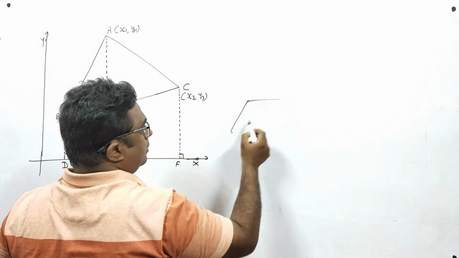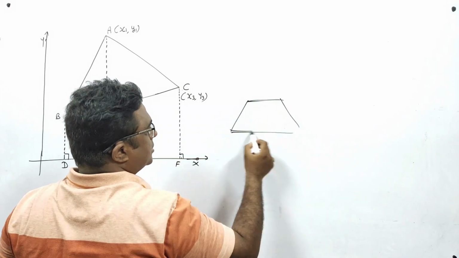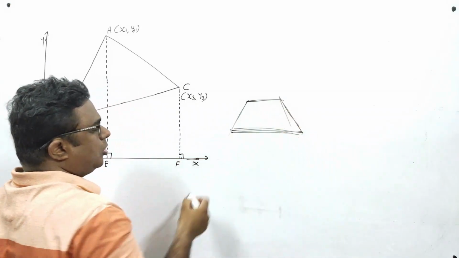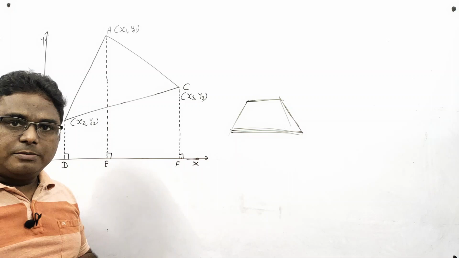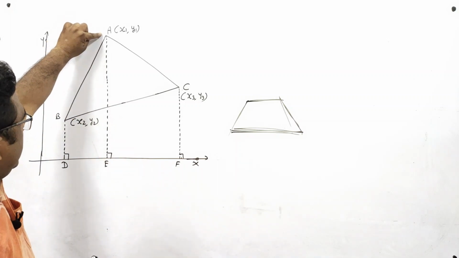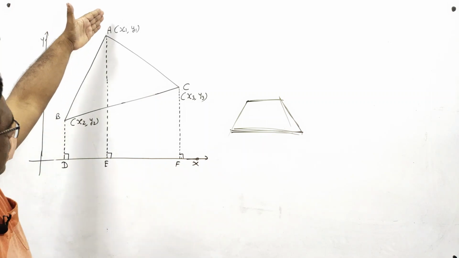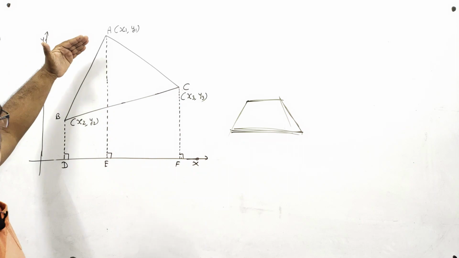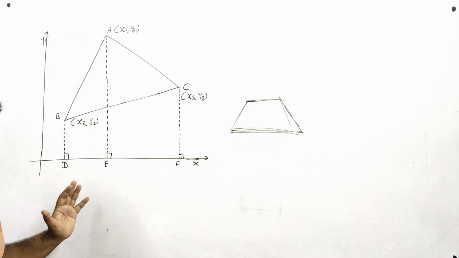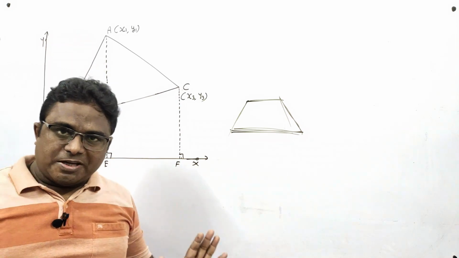And when in a quadrilateral two sides are parallel and two sides are not parallel, then it becomes a trapezium. So I can say that ABDE is a trapezium because in it, BD is parallel to AE and AB is not parallel to DE. So is that clear that it is a trapezium?